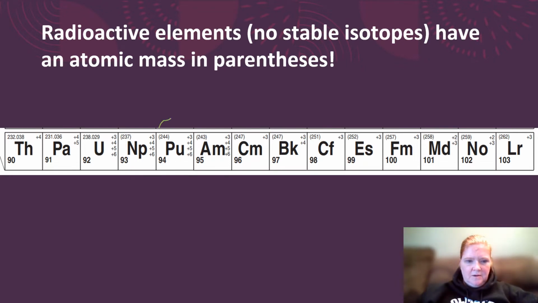So you can see it here like this. So that means that atomic mass is our best guess because none of the isotopes are stable, or they have an extremely short half-life, so they're not around for long enough. So you can always tell if an element does not have any stable isotopes because its atomic mass will be in parentheses, like best guess.